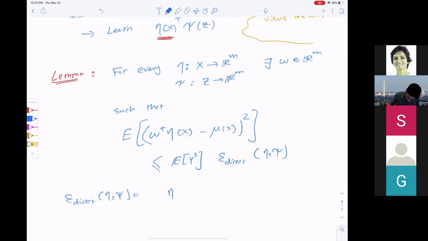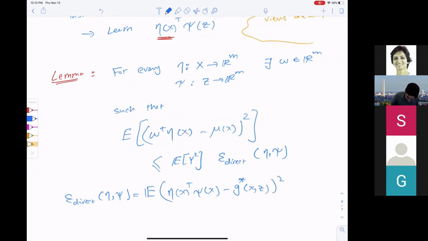That is just the difference between eta transpose times psi and my optimal g that I would obtain without having this assumption that my bivariate function is from this particular form.